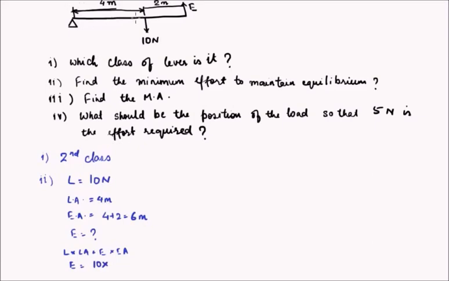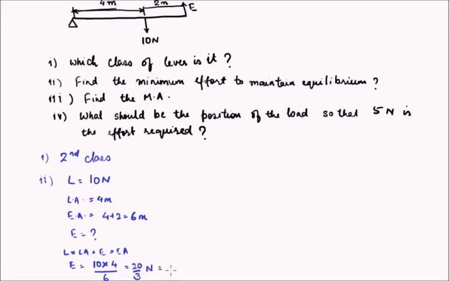This distance upon effort arm. Effort arm is the whole distance from the fulcrum to the effort, that is 6 meter. That will be 20 upon 3 Newton, that is the effort required.